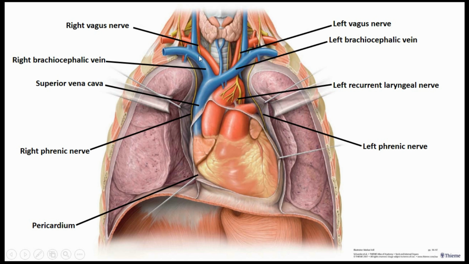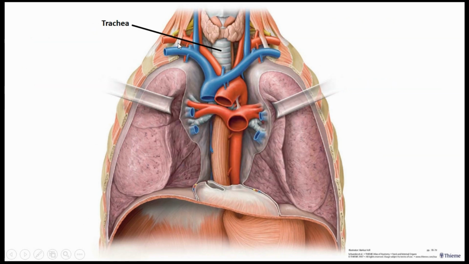Right plus left brachiocephalic veins equals superior vena cava. Now, off the arch of the aorta, we've got three big branches. We'll see them as well. But right here, the first one's called the brachiocephalic trunk, and it's only on the right side. It's a big artery coming off the arch of the aorta, and it's going to give rise to the right common carotid artery and the right subclavian artery.